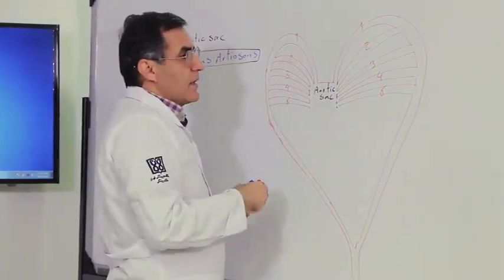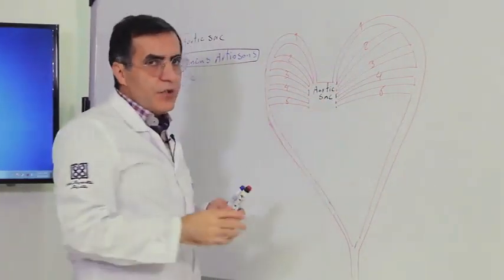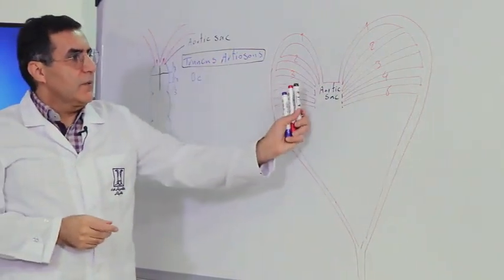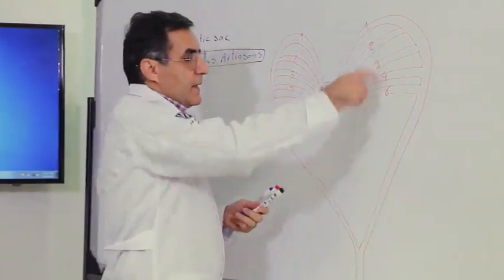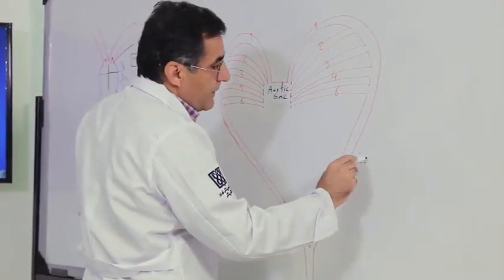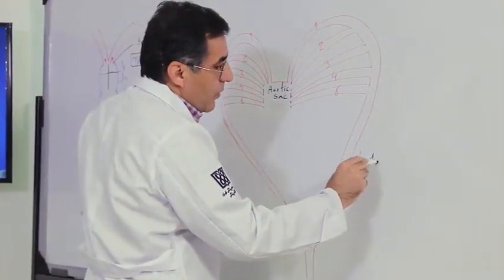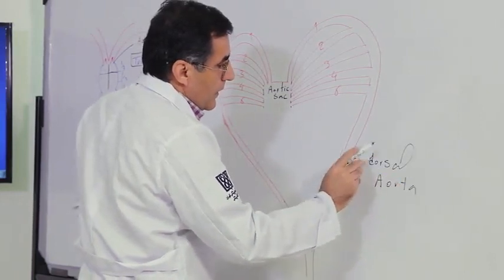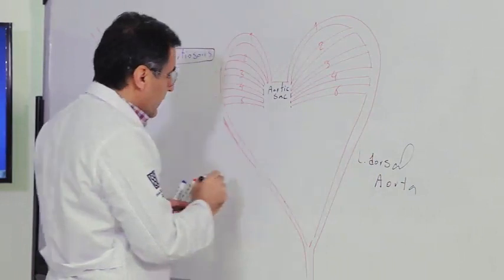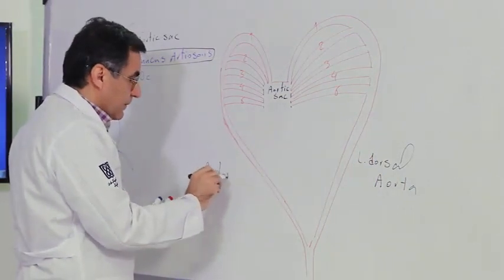And this is the aortic sac. You can see that each arch has a communication with the aortic sac. And this is the left dorsal aorta, and this side is the right dorsal aorta.